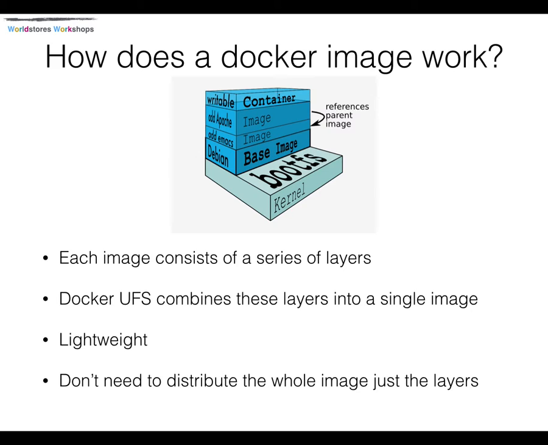So if I base an image on CentOS 7 and apply a particular service to that, the image does not contain all of CentOS 7. It just contains the changes that you've applied to it. It allows you to keep your images lightweight, and it allows them to fire up really quickly, especially if you've already got that single base image on your computer. Then if you have 5 different services on 5 different images, they're just layers on top of those, and it's just those layers that need to apply.